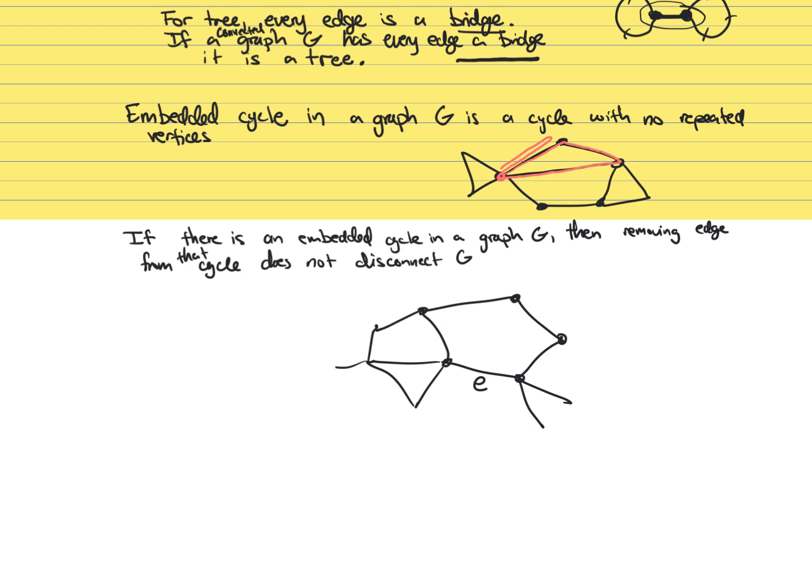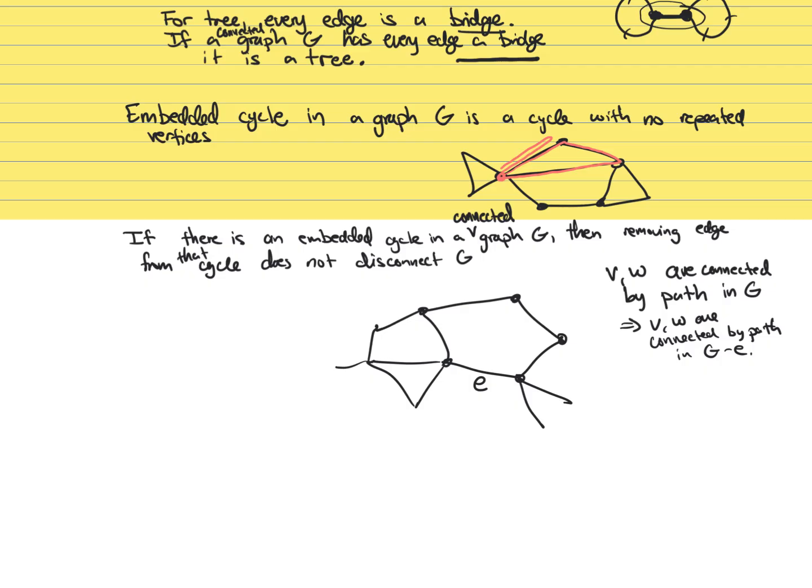The claim is that I take any two vertices, V and W, and they are connected by a path in G. I should say a connected graph; if it's already disconnected, that doesn't help. Then we have to show that V and W are connected by a path in G minus E.